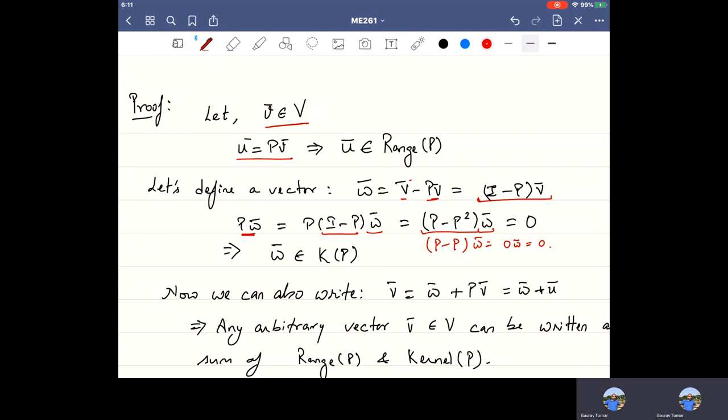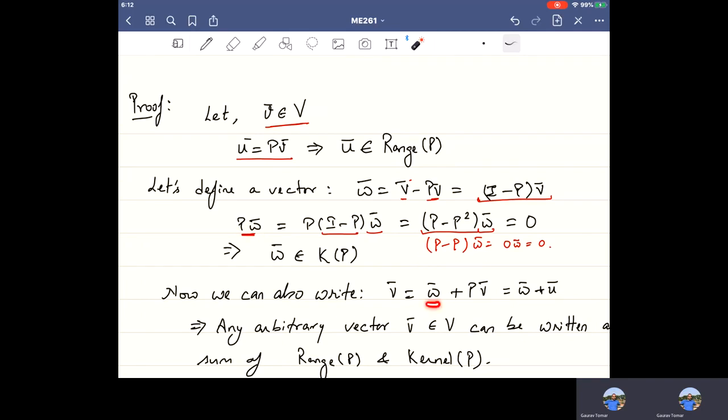Correct? That means if you follow from here, you can write v in this form also. You can write v as w plus P times v, and P times v is u, right? It belongs to the range of P. And as you can see, P of w is always zero, correct?